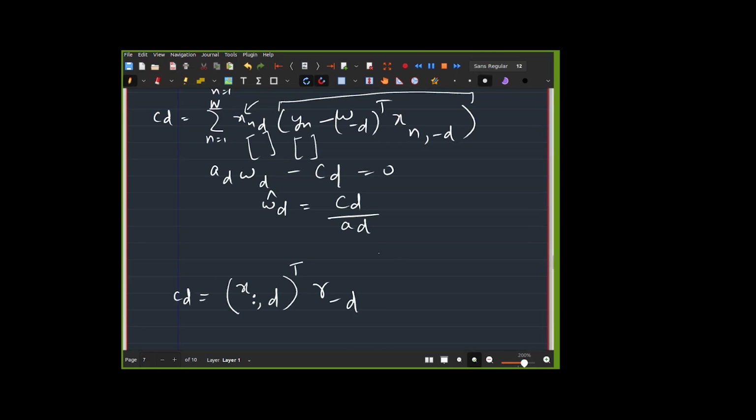But what is my RD here? So R minus D is basically this residual term. And of course, this is also indexed by n. So each entry I could fill up in a vector.